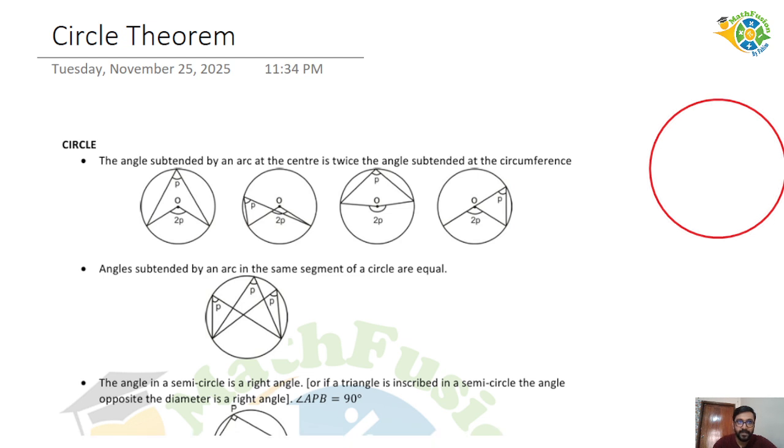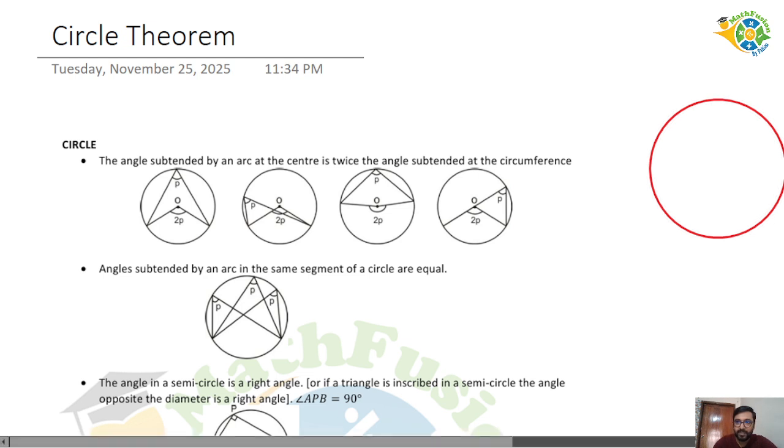Okay? So let's take a center here, O, and an arc AB. Arc is nothing but part of a circumference.